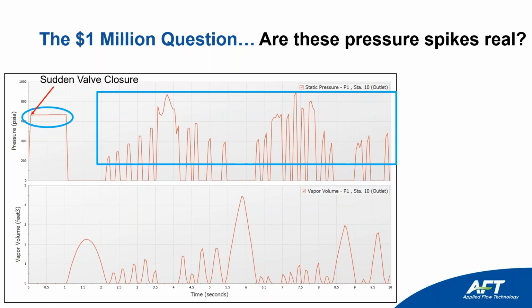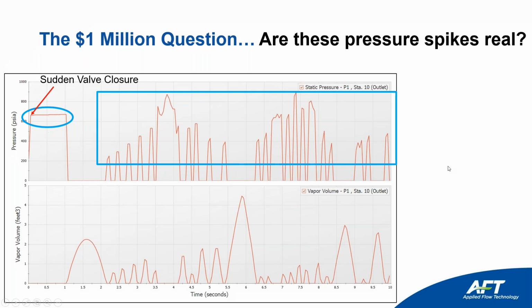I.e., when you go to design your piping system, are you having to design your piping system for 900 psia, or would it be around 700 psia based upon the valve closure? If you have pressure spikes way out here, are those realistic or not? And so that is what we are going to look at today, is techniques that you would use with AFT Impulse on how to evaluate your cavitating results.